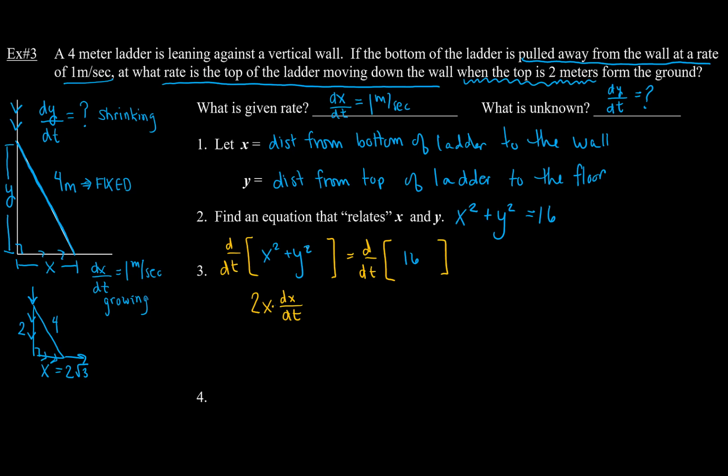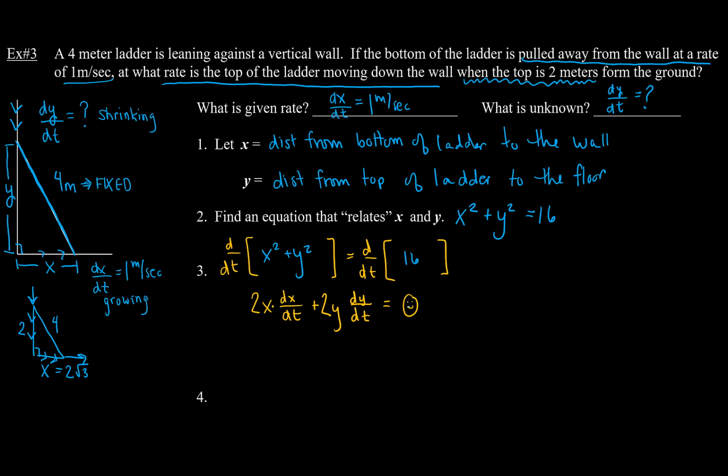Next, I take the derivative of my y. My 2 is going to come down, so I'm going to have 2y, and then the derivative of y with respect to time. And then over here, if I take the derivative of 16, that's going to give me 0.